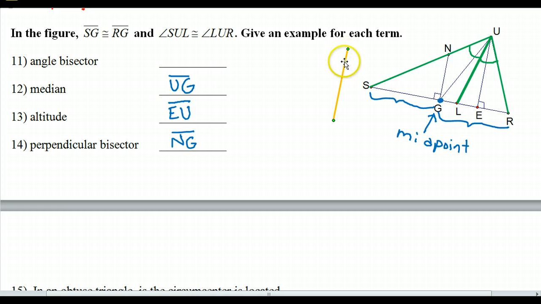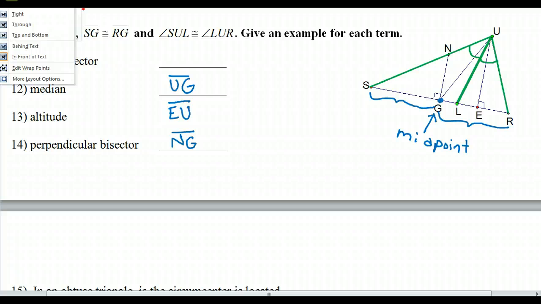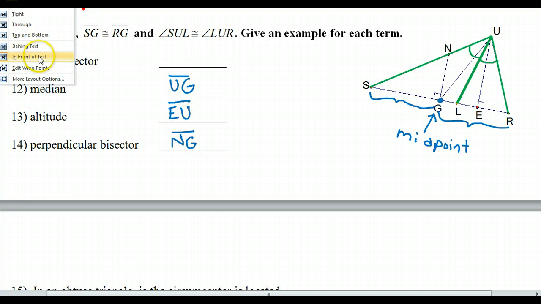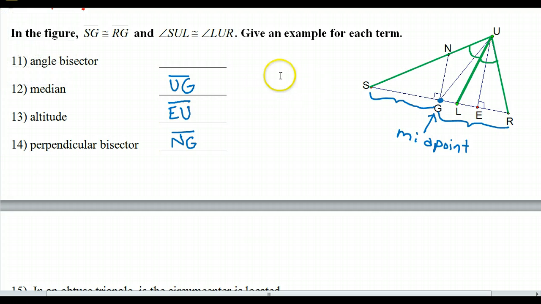Okay, I'm hoping that you were just saying that is going to be segment LU or UL. Well, you can't really see it because maybe I should just do it again, or even just draw it.